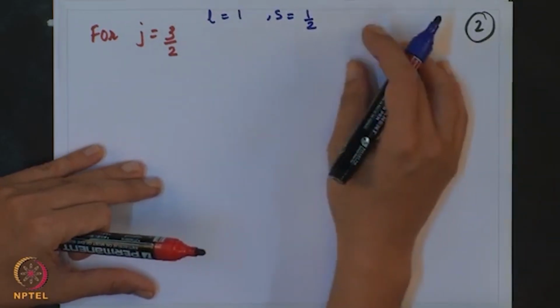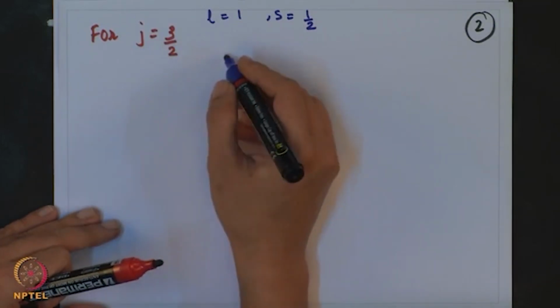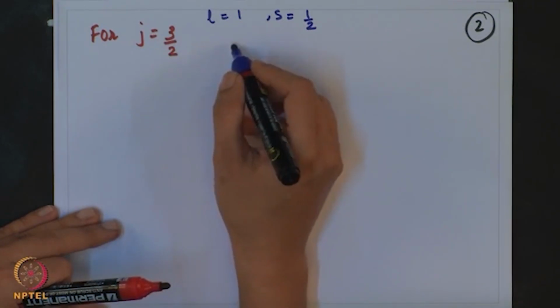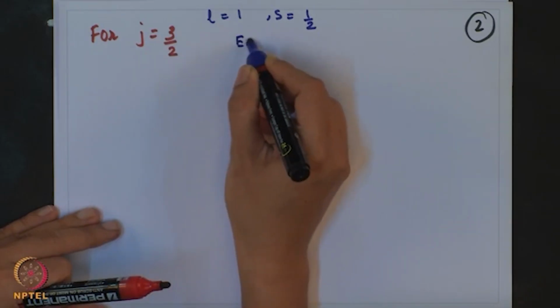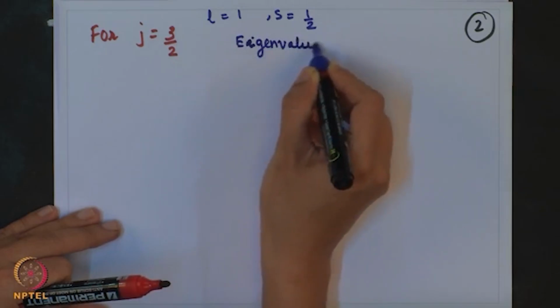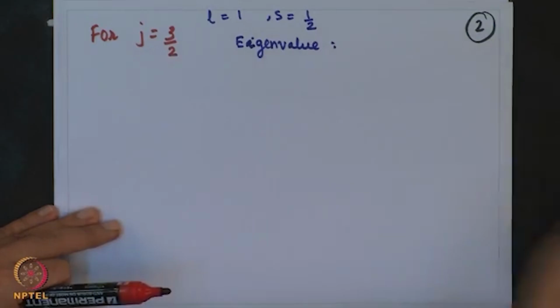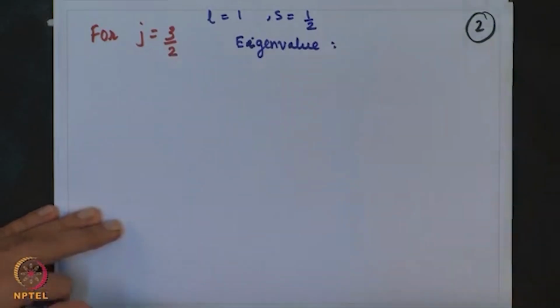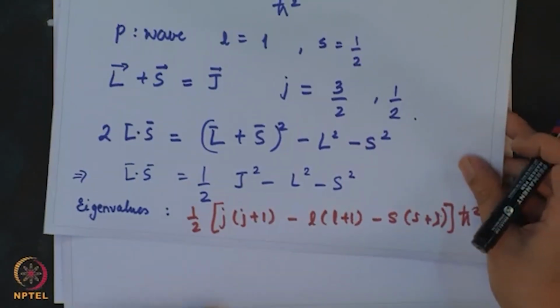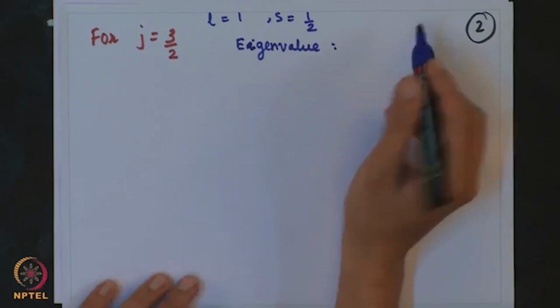For j is equal to 3 by 2, you just evaluate this part by putting the value of j, L and S and obtain the eigenvalue.